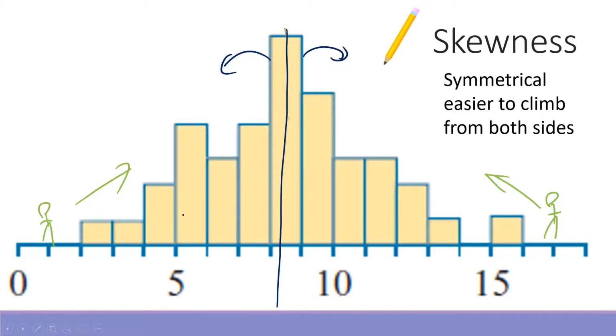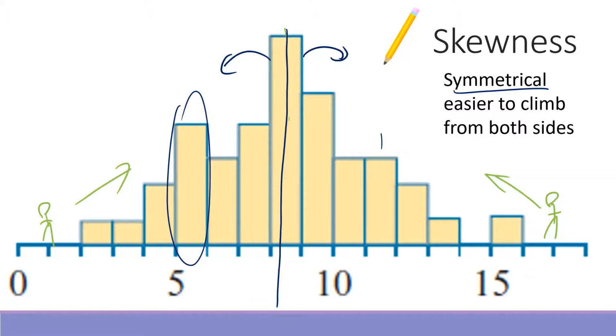Straight away, whenever I show students this, they say, oh, sir, this graph isn't symmetrical. Look at this section here, that's way larger than this bar here. And I would say, yes, I would agree. But a graph being called symmetrical doesn't mean it needs to be identically symmetric.